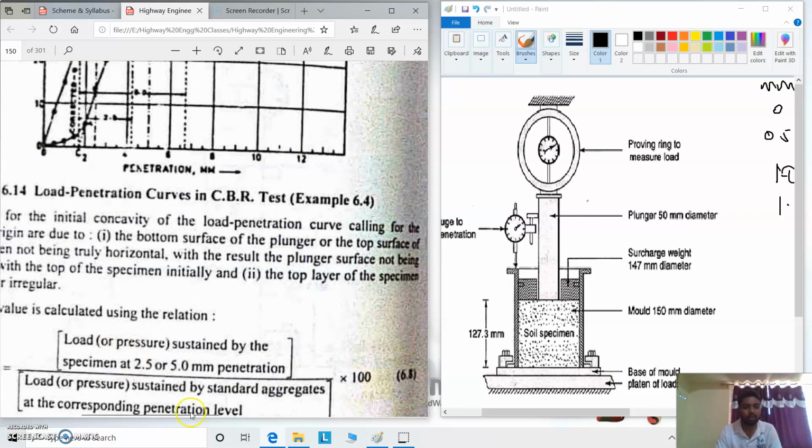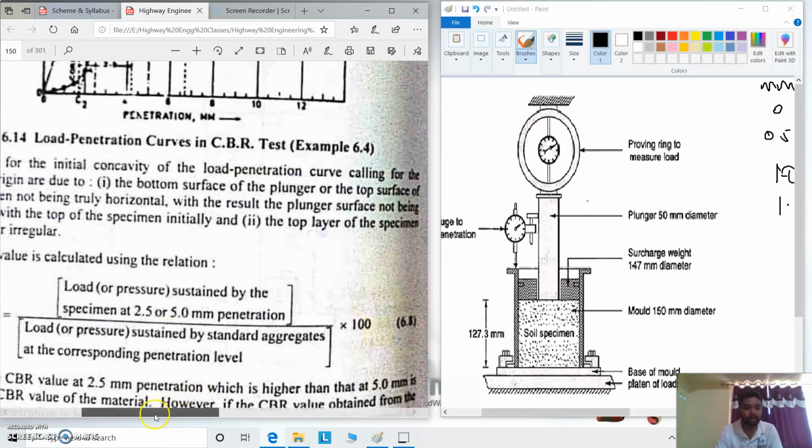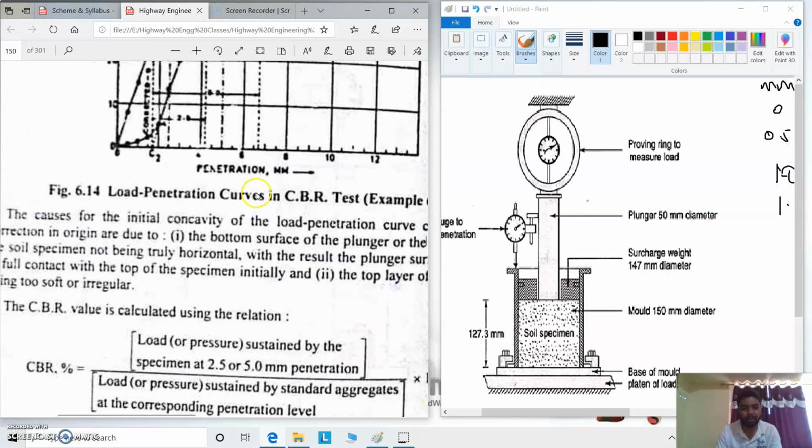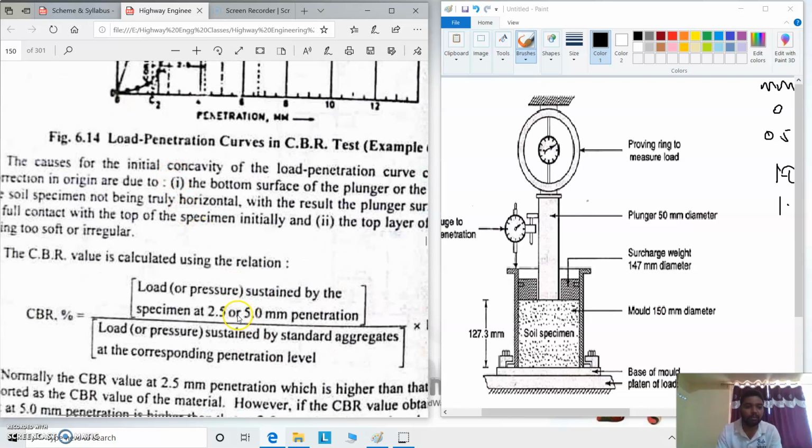Once we note down the values at 2.5 and 5 mm penetration, the CBR value is calculated using this formula. CBR is represented as a percentage, so it is multiplied by 100. The load sustained by the specimen at 2.5 mm or 5 mm penetration is considered. First, 2.5 mm penetration.